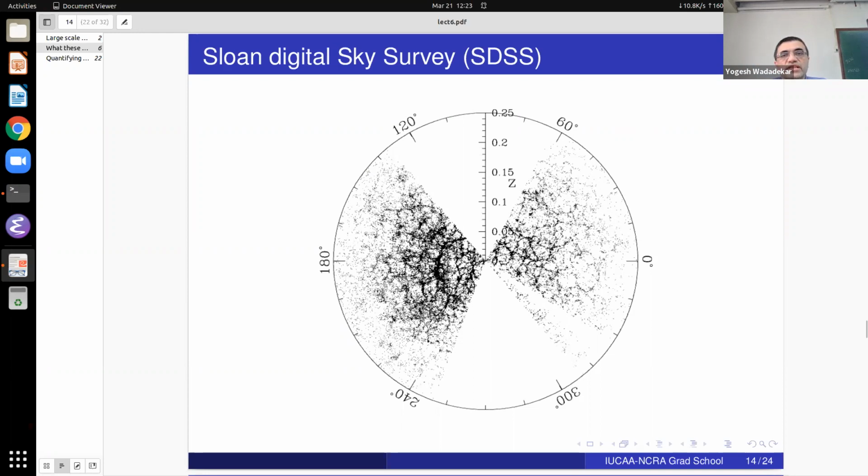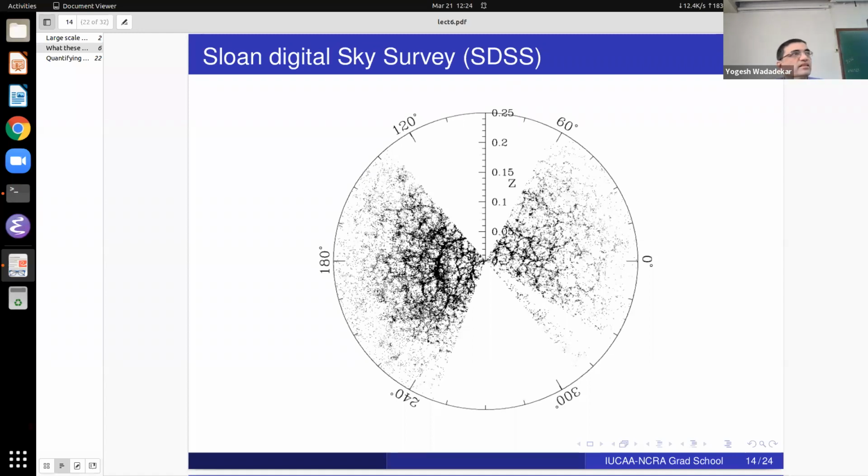So you'll see that after redshift 0.1 and definitely after redshift 0.5, your cosmic web is disappearing. Not because there are no galaxies there, but because you don't have enough sensitivity to observe those galaxies. The telescope is not powerful enough. So we are only able to trace the low redshift large scale structure up to redshift of 0.1 or 0.15.